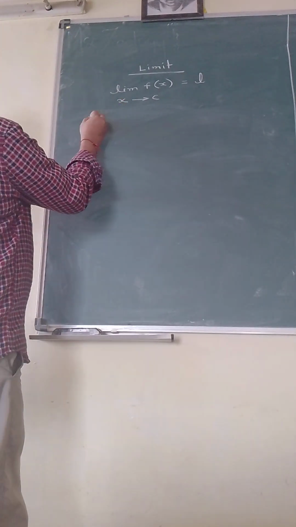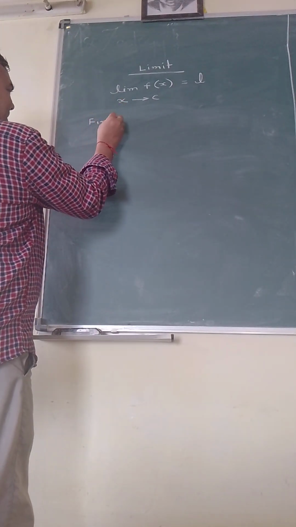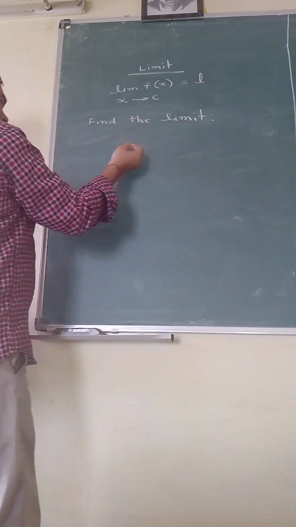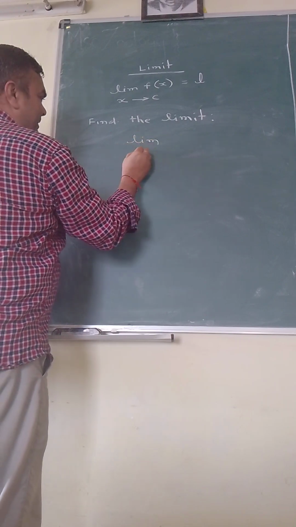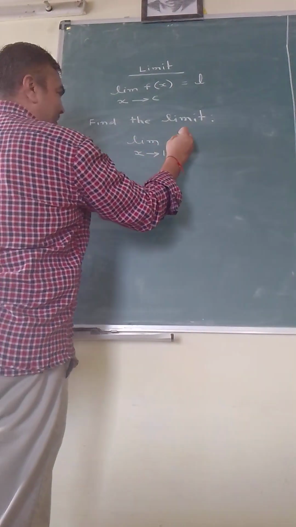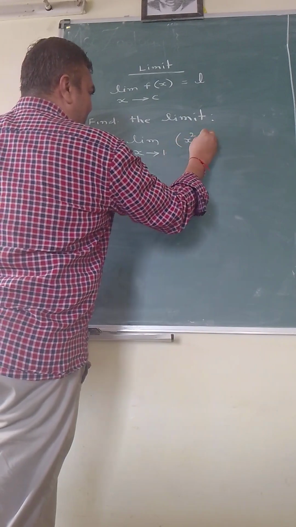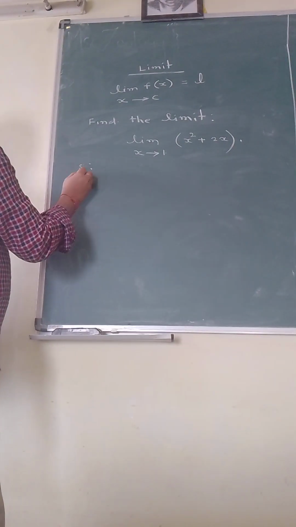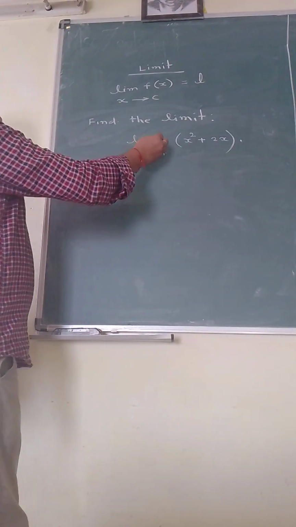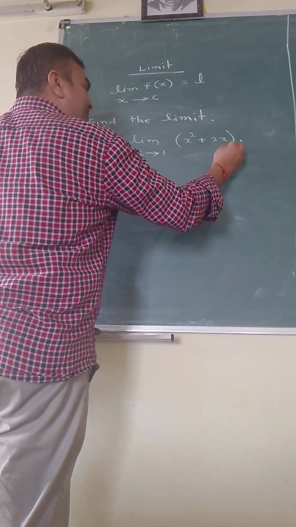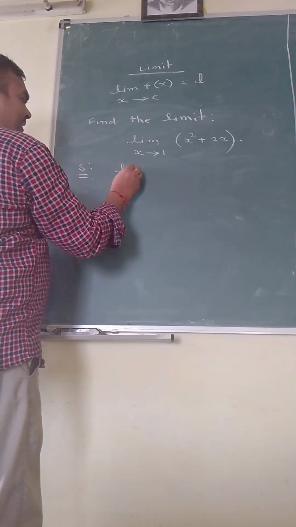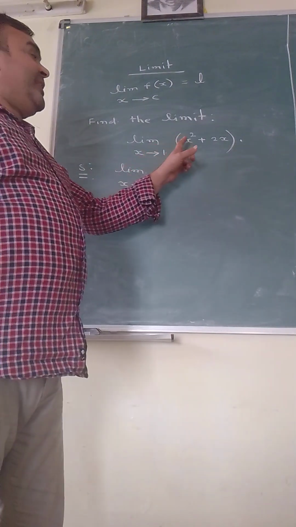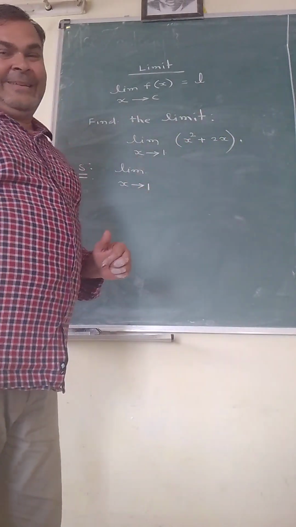Next, find the limit. What is the question? The limit as x approaches 1 of x squared plus 2x. Then what will be the solution? Very simply, here this is a real valued function. Then the limit as x approaches 1 is applied to this polynomial.